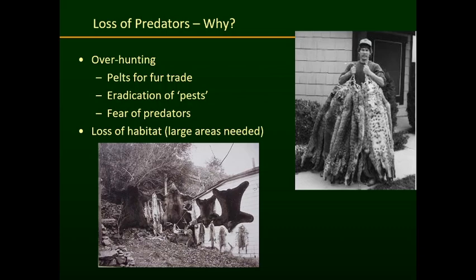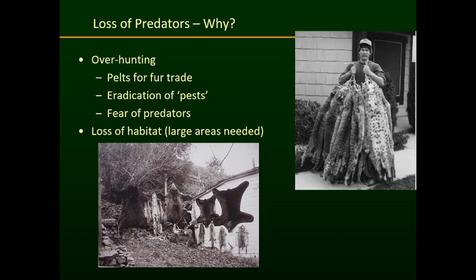Okay. We also eradicated predators as quote unquote pests. So if you, for example, were a sheep herder in North Carolina and every once in a while you lost a sheep to a cougar or a wolf or something like that, then as you're tending your herds and you have an opportunity to trap or shoot a predator, you take that opportunity.